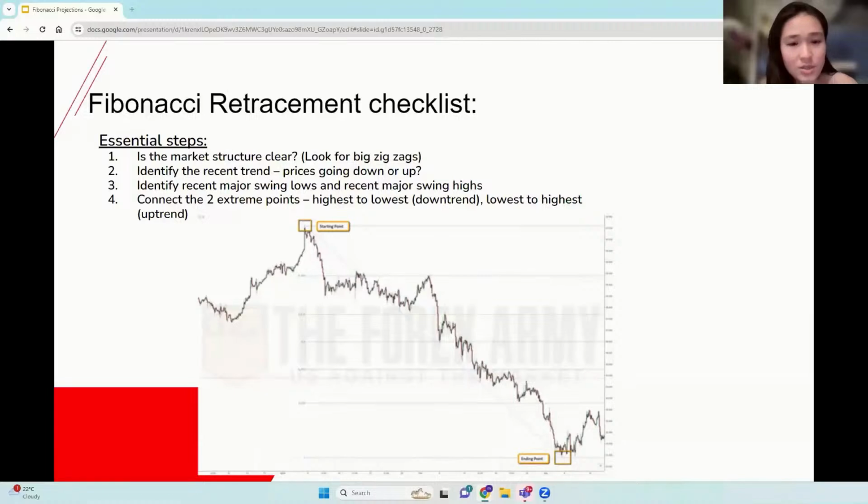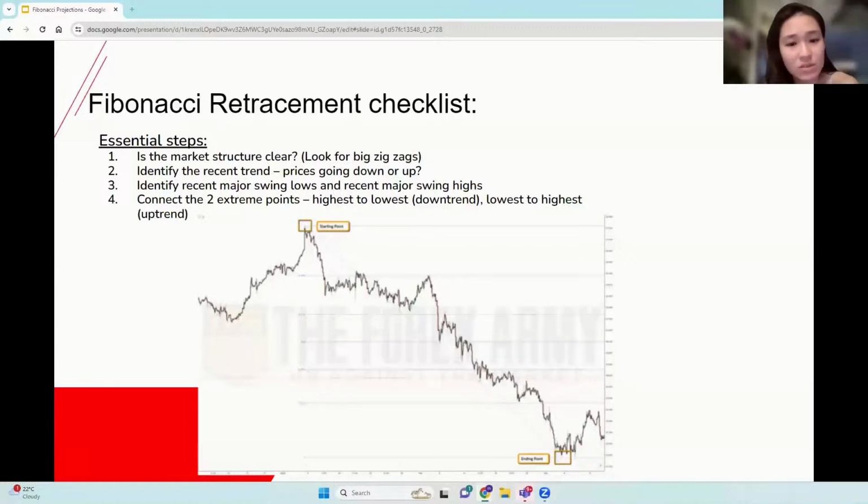Okay, let's get started. So here's a simple checklist to follow when first starting out with Fibonacci retracements and some things that you can look out for. So firstly is the market structure curve. So you want to be looking for big zigzags, and we'll show you examples in the coming slides. Next, we're looking at how we can identify the recent trend.